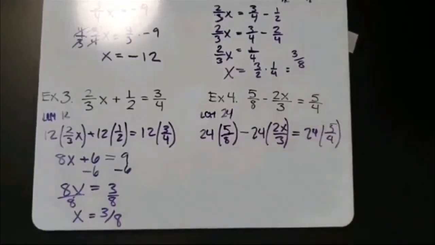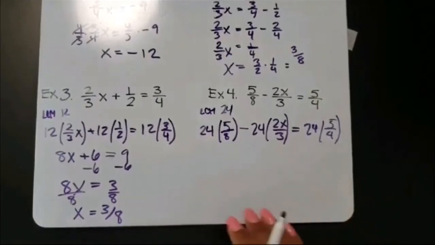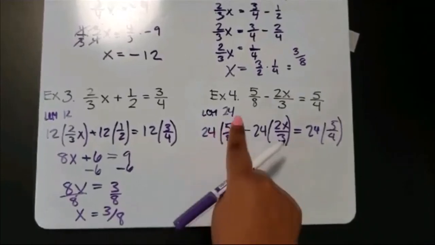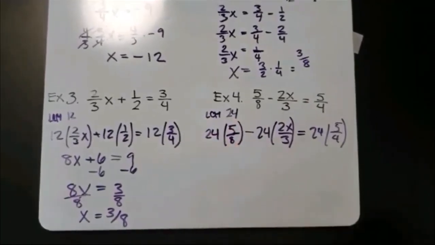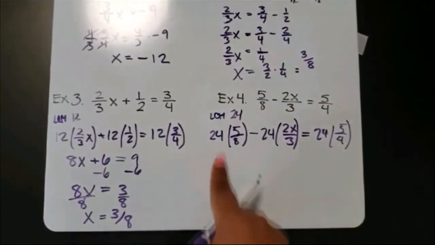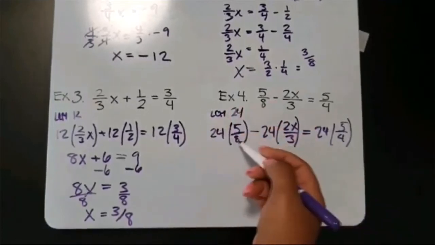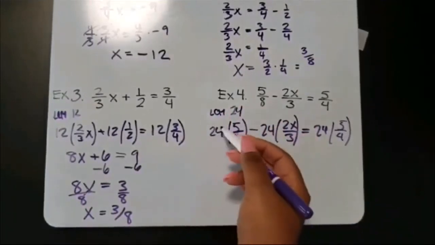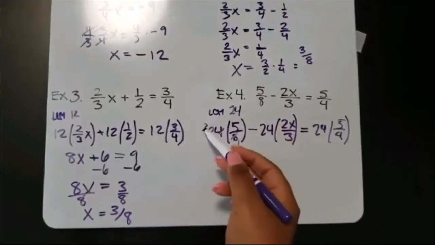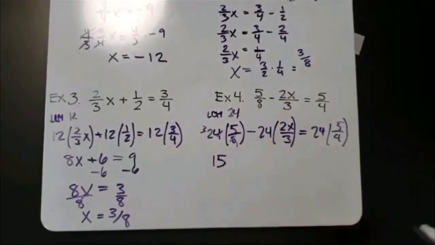All right. Now, at this point, you can just put this in your calculator, 24 times 5 divided by 8, or you can simplify it starting with the 8 and the 24. 8 goes into 8 one time, 8 goes into 24 3 times, so we're left with 3 times 5, and we get 15.